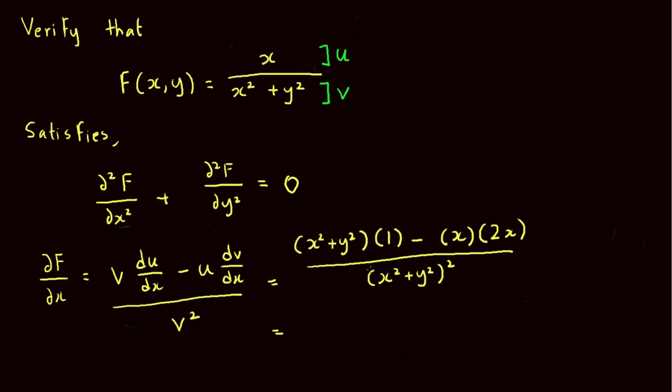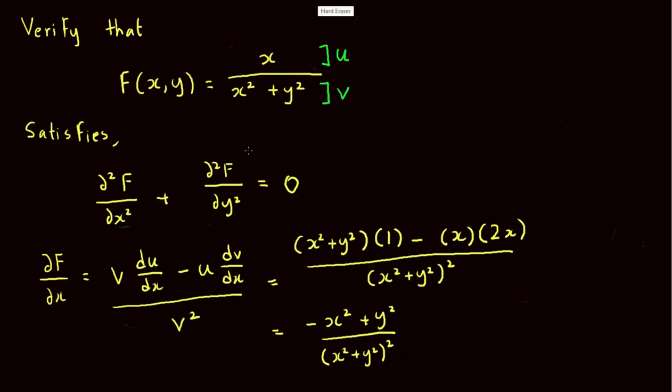If you simplify, x squared minus 2x squared becomes negative x squared plus y squared over x squared plus y squared, squared. So that's your del f del x.